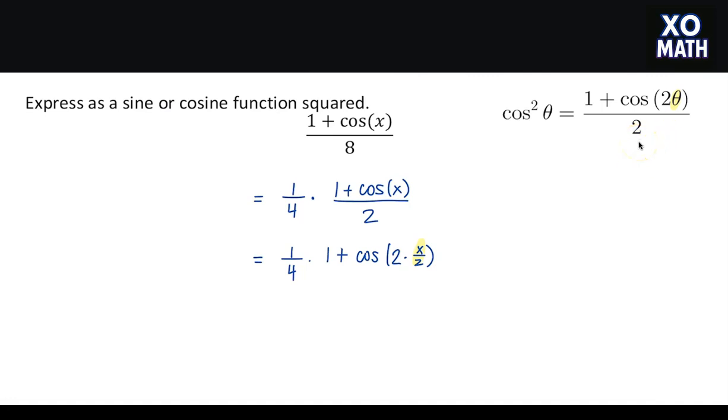And this is still all over 2, so now I can say 1 plus cosine of 2 times x over 2 all over 2 condenses down to cosine squared of, instead of theta, x over 2. So cosine squared x over 2, and I can't forget about that 1/4 in the front. So now I have rewritten my original expression as a cosine function squared.